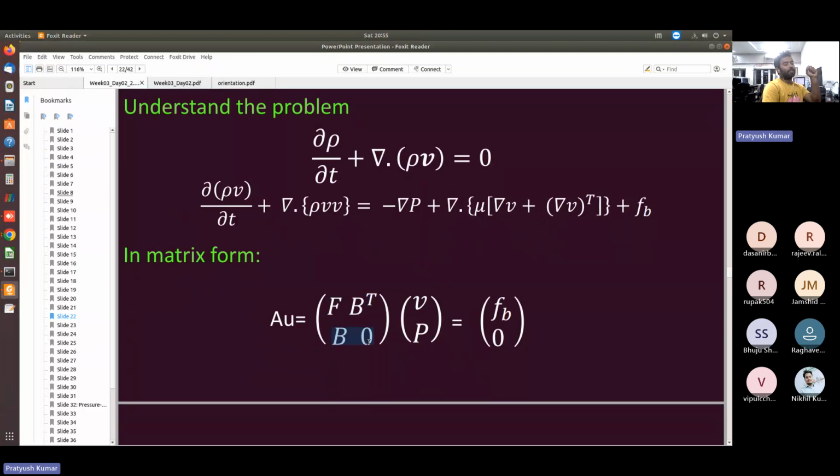And if you write this equation, that is B into 0, multiplied with V and P equal to 0, then you are going to get the continuity equation. Okay, so we just want to write these two equations in the form of matrices.